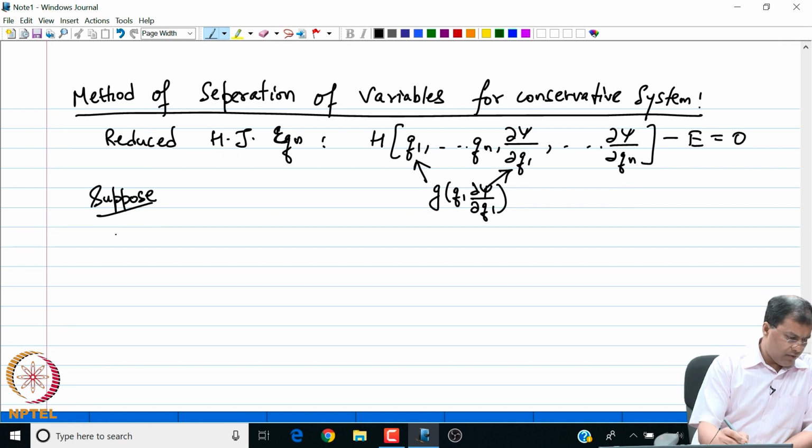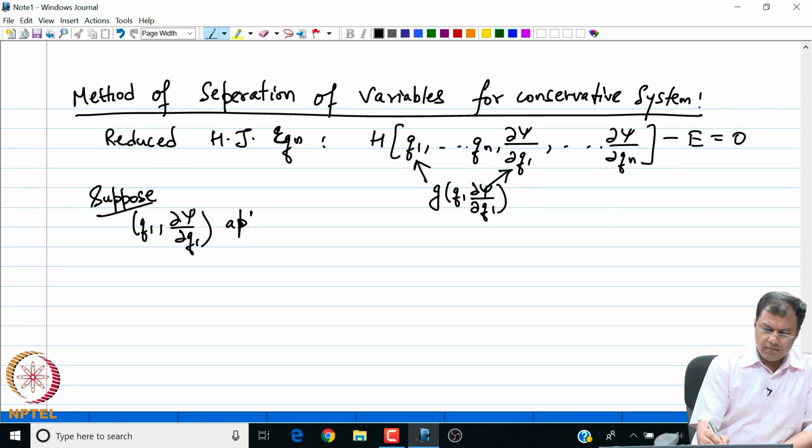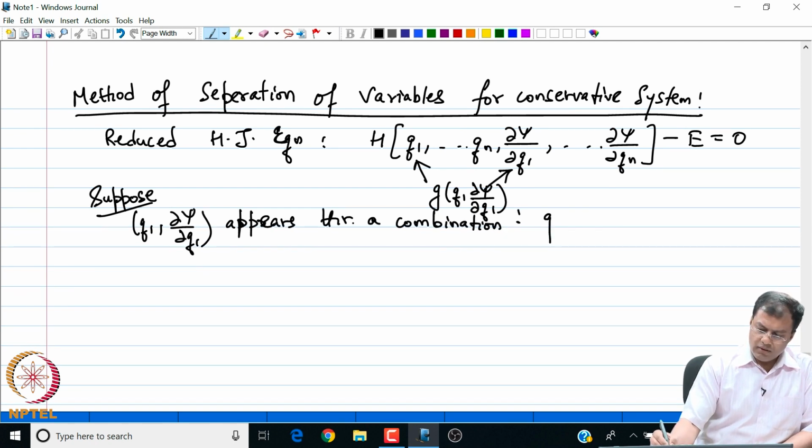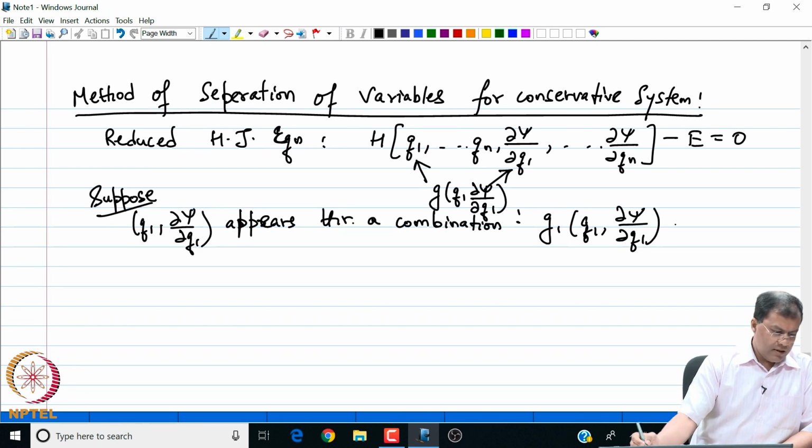So, what I said is the following: suppose q1 comma del psi del q1 appears through a combination of the form g1 of q1 comma del psi del q1, right.